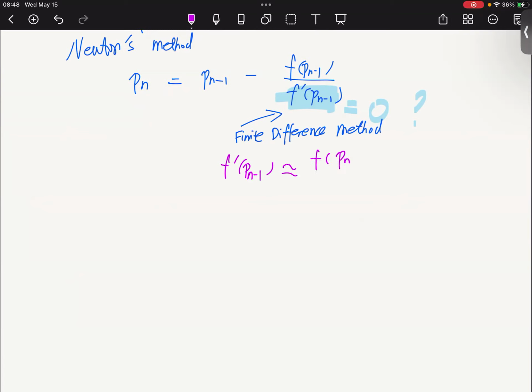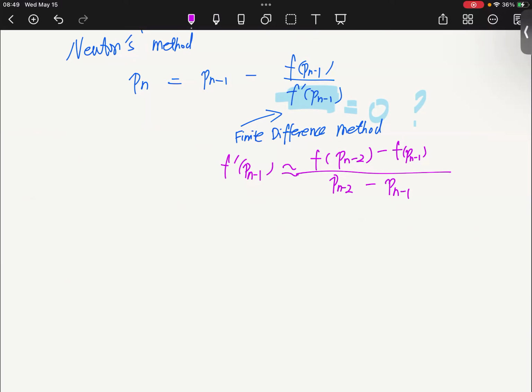We are going to go backward not on the x-axis, but backward in the sequence, using Pn minus 1 here, and divide by Pn minus 2 minus Pn minus 1. This is how we solve this problem.